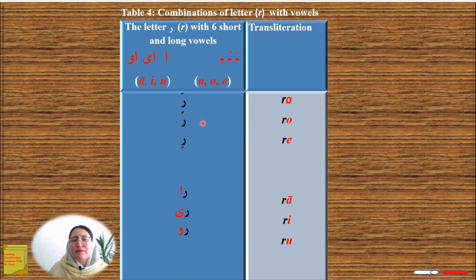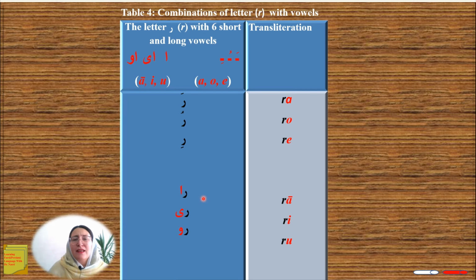When the letter re and the short vowel o come together, they create the syllable ro. When the letter re and the short vowel e come together, they create the syllable re.